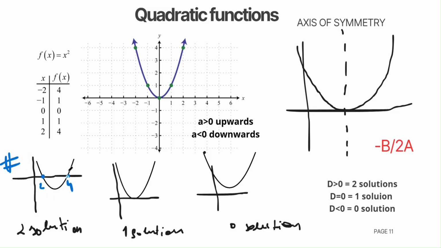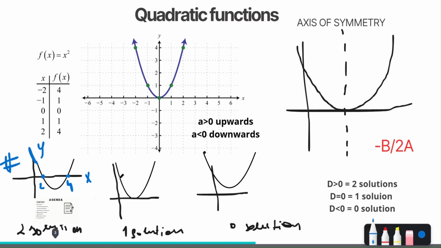In that case, we don't care whether it crosses the y value or doesn't cross. We care only about whether it crosses the x-axis. This one is the x-axis, this one is the y-axis. So this crosses twice, which means we have 2 solutions. Only if it crosses the x-axis twice will we have 2 solutions, as it's written here.